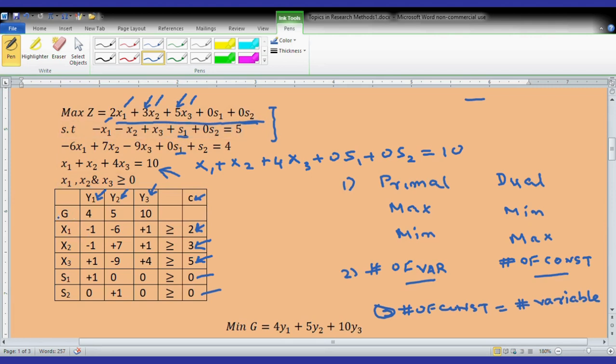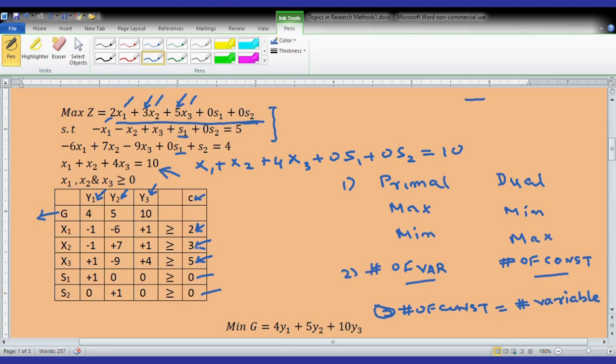G is actually going to replace Z of maximization. So in the minimization problem we will be writing minimize g, and then see that I have written down all these variables again in an ordered form. In the last column we have the coefficient of the first variable, and here is the first variable of the primal problem, x1.